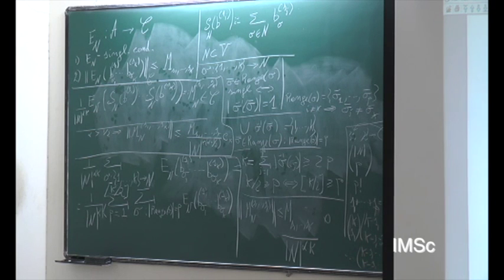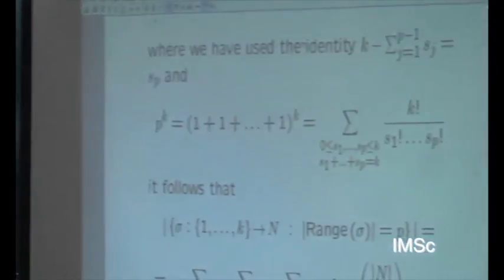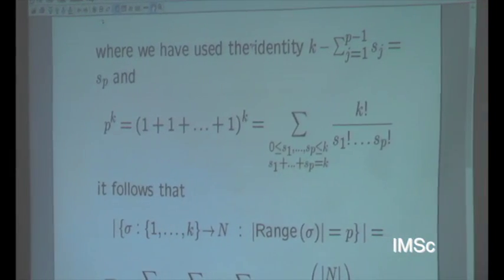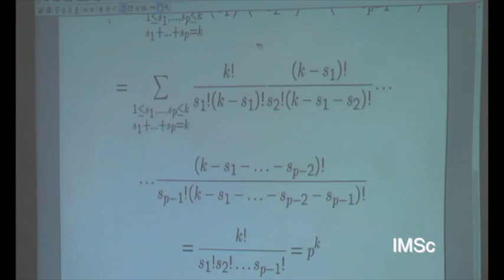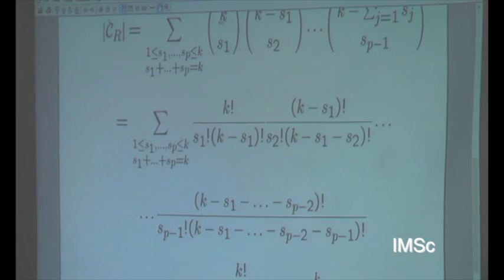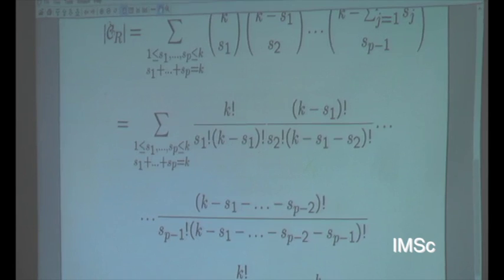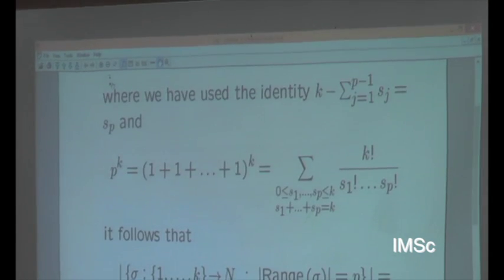But we have estimated each of these three. This has P factorial in the denominator. So this P factorial goes away, okay? And we have estimated that this is exactly of the order of P to the power k, which is the cardinality of the set of partitions.